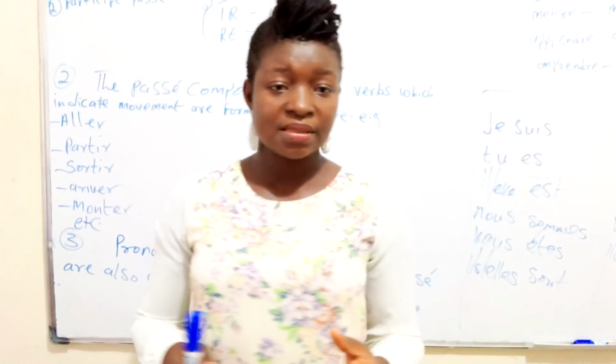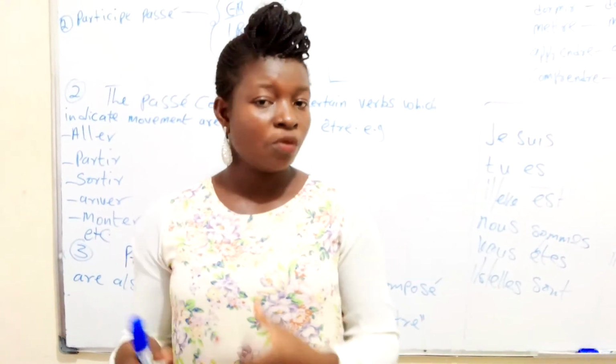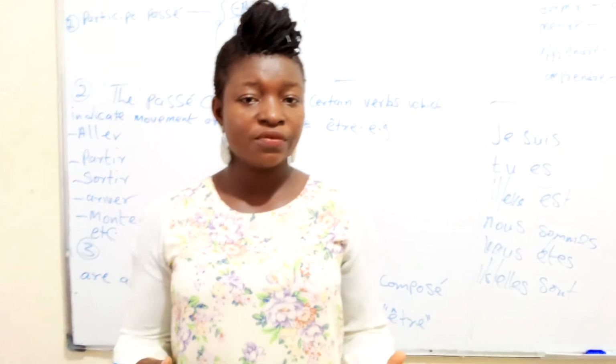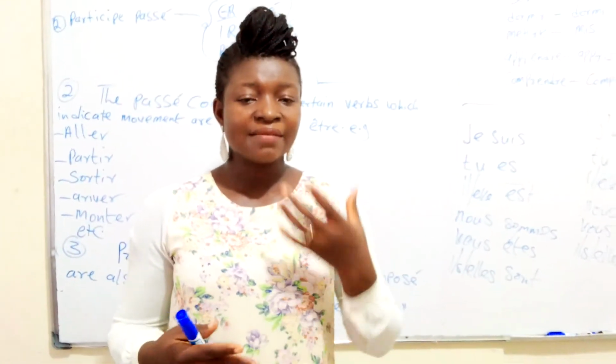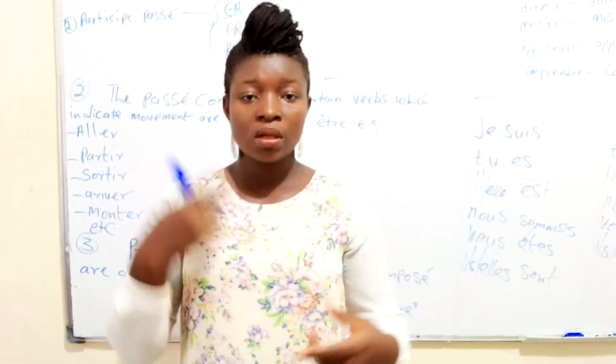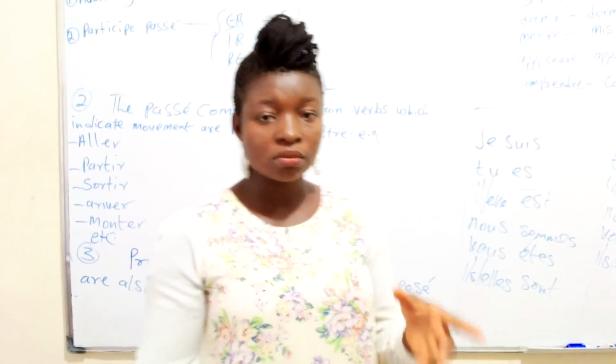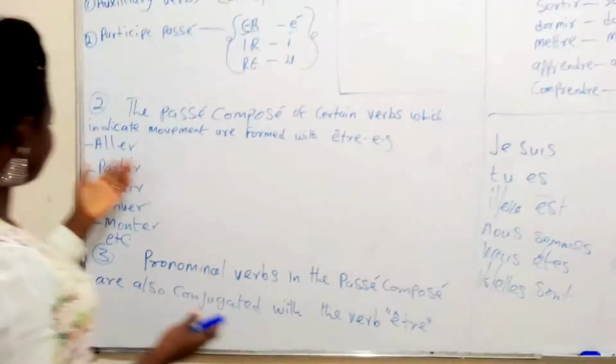Now, the verbs that take on être are movement verbs. What do I mean by movement? Verbs that have the action of moving from one place to another, like go in or go, come, go out, and climb, down, up, and so on. So we have a few verbs here.